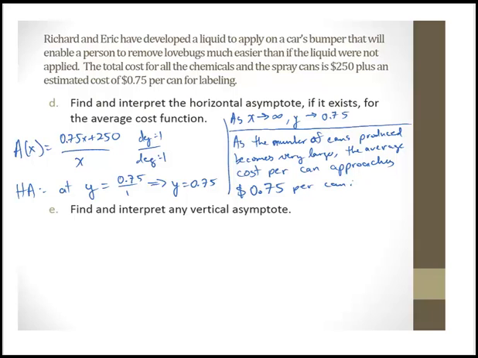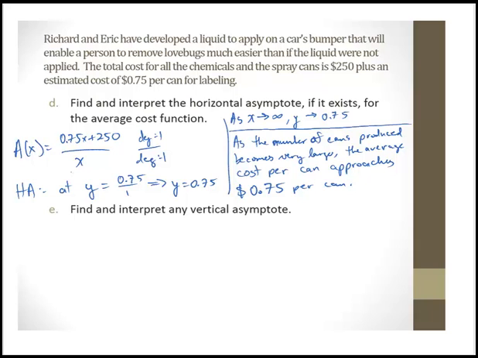As x becomes very large, as we start producing more and more cans, the individual cost for the chemicals per can becomes very small, and so we just have that 0.75, that labeling cost each time. Find and interpret any vertical asymptote.